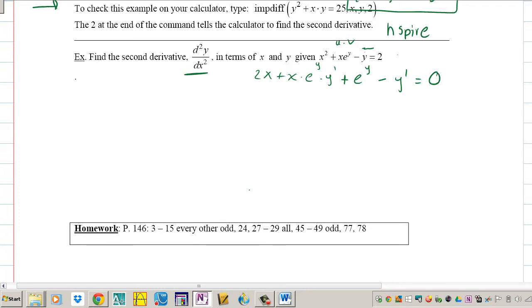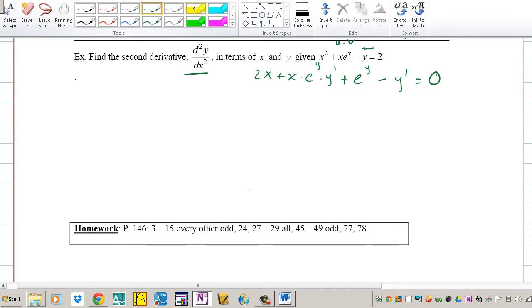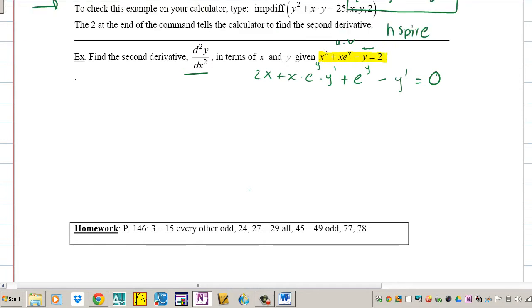All I did was take the derivative of every term on the top. x squared became 2x, x times y became x e to the y, all this, and then minus y became minus y prime. That's all I did here. So let's solve for y prime.